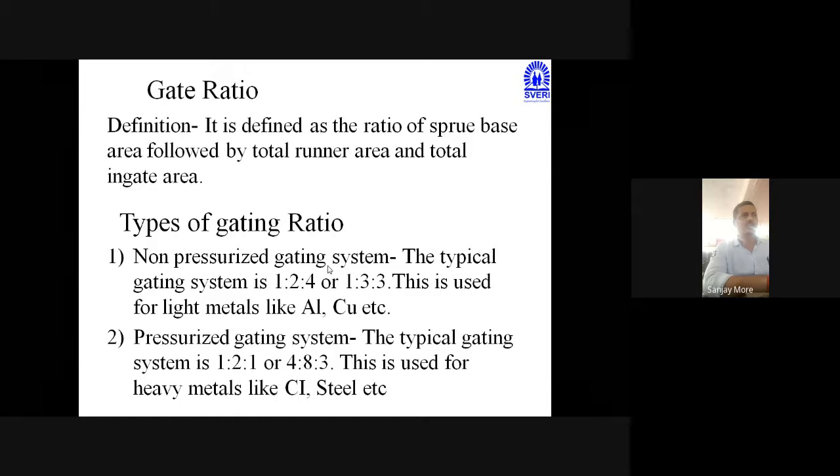So write down the types of gating ratio. First one, non-pressurized gating system. The typical gating ratio is 1:2:4 or 1:3:3.